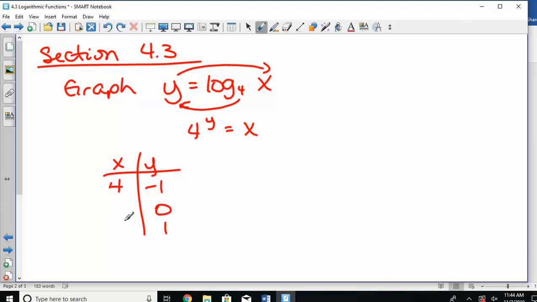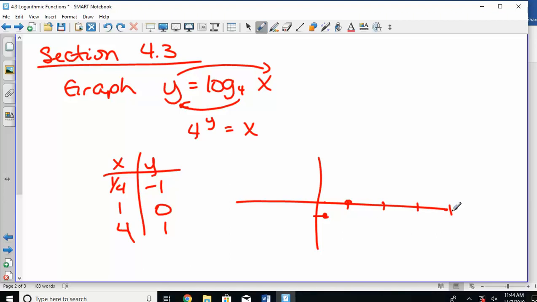4 to the -1 is, sorry, 1/4. 4 to the 0 is 1, and 4 to the first is 4. So we get 1/4, -1, 1, 0, 4, 1.